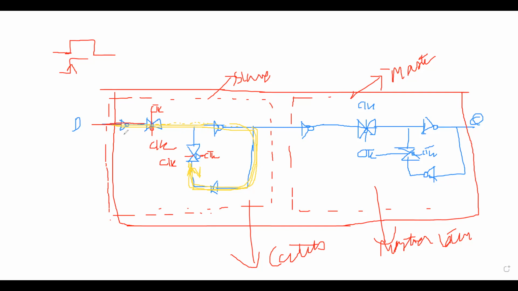Our data is being captured by this latch, the slave latch. The traveling of the data from here to here needs some time, correct? Let's suppose at this moment my data is not stable, so I vary my data from here to here, so the previous data is not stored.